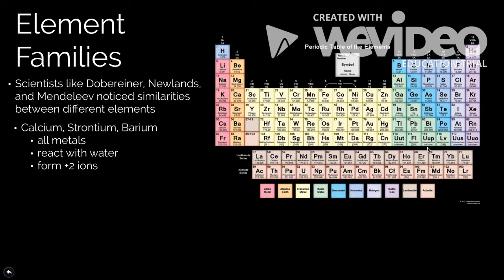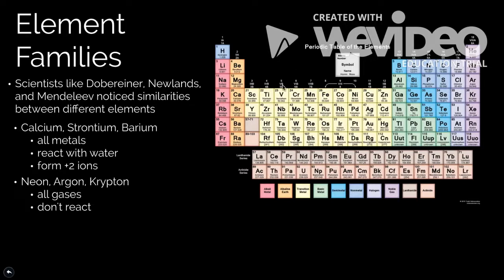They all react with water, and in a chemical reaction, they will all form +2 ions. And then another example is neon, argon, and krypton. We know that these are all gases at room temperature, and they don't react with any other elements. So that's very interesting that they have all these similar properties, even though they're different elements.